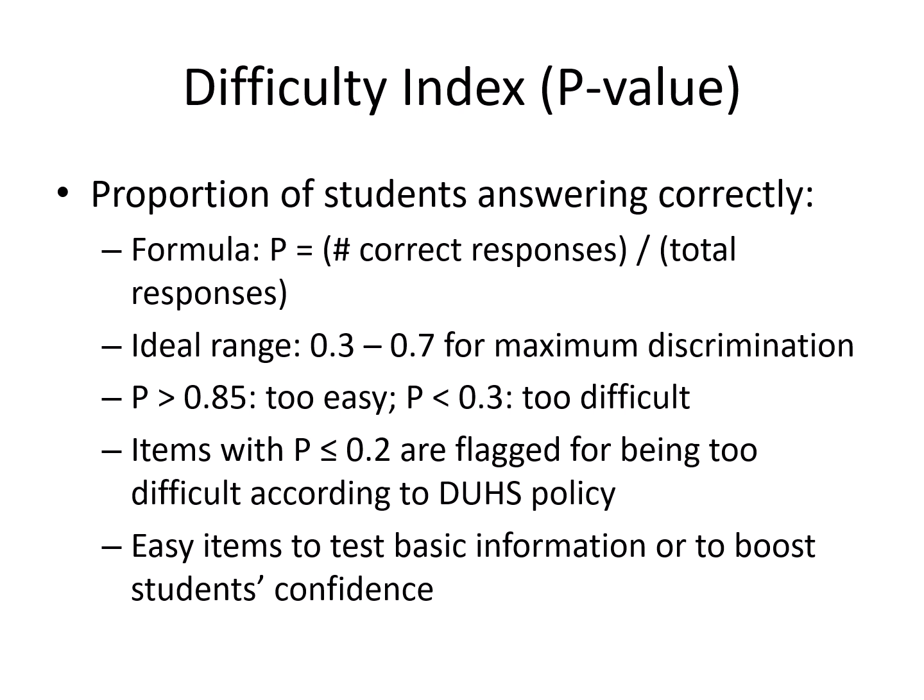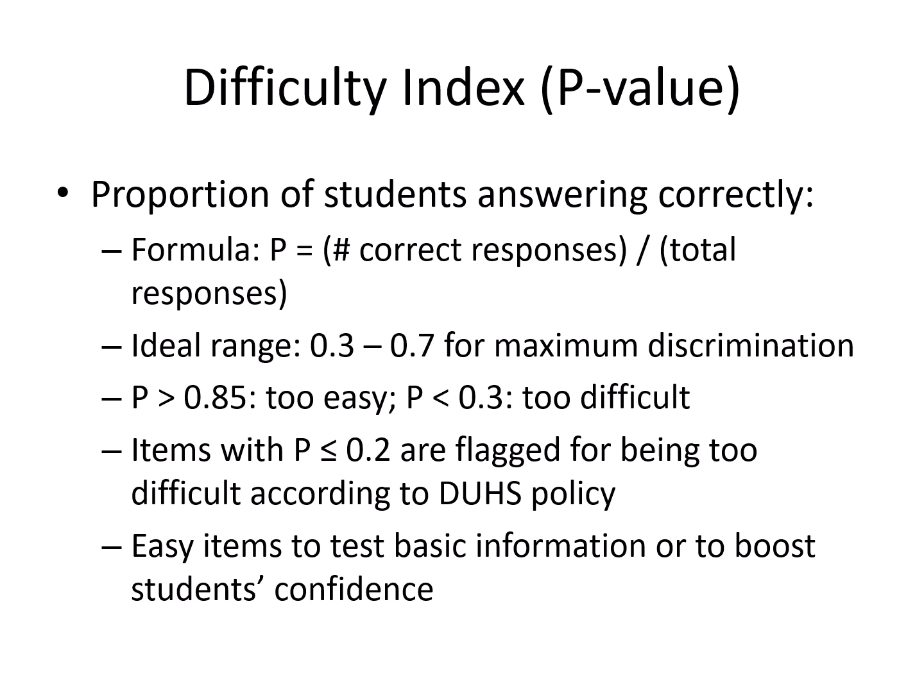While if the p-value is more than 0.85, it means that the items are way too easy. While if the p-value is less than 0.3, it means that the items are very difficult.